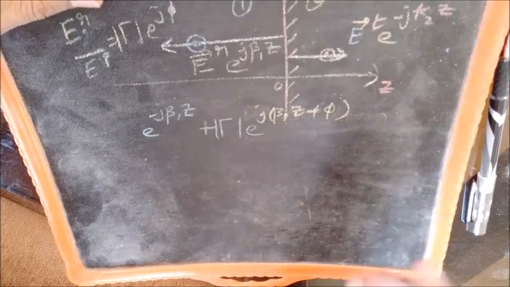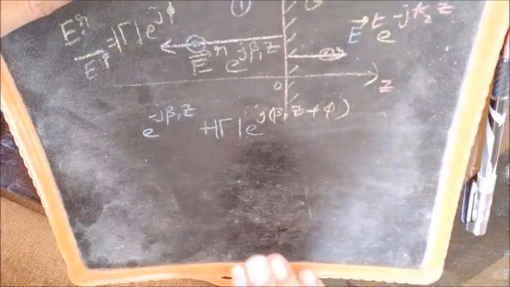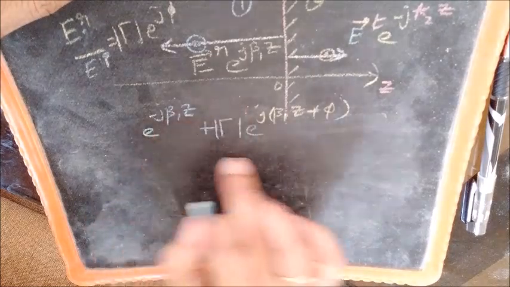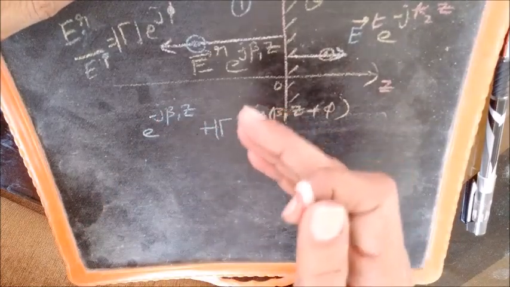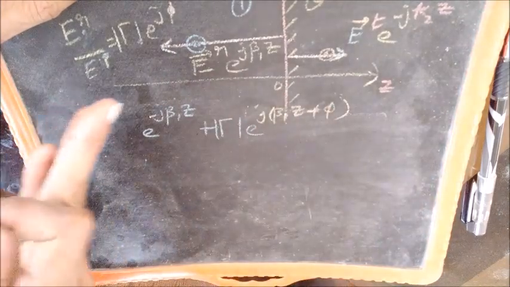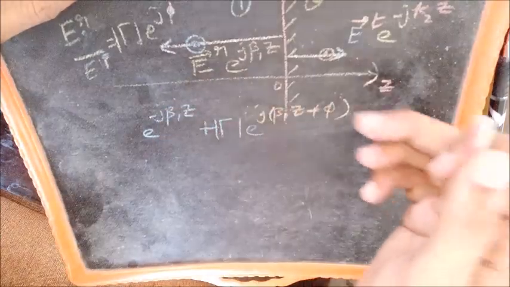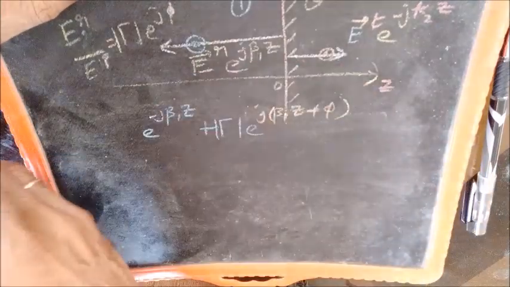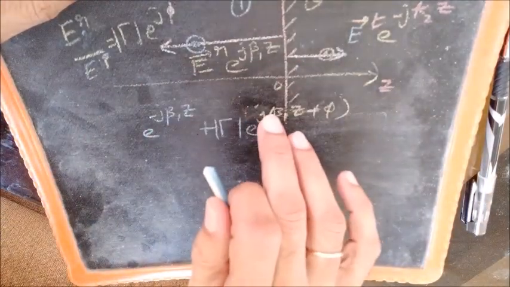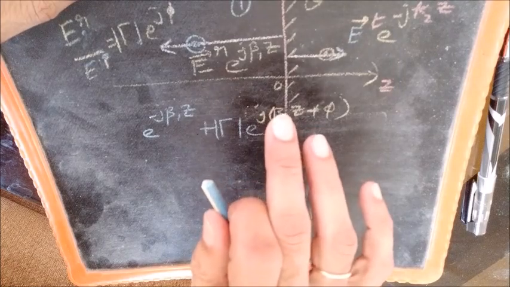Now, we can arrive at a magnitude of this. So the net effect is that on the left hand side you have, as I said, a wave propagating in the plus z direction and a wave reflected from the interface which is propagating in the opposite direction. So the combined effect of this can be modeled.